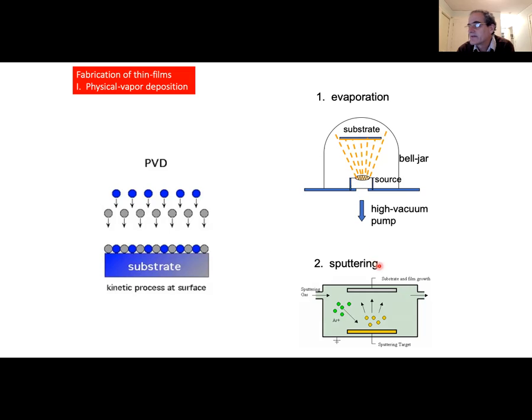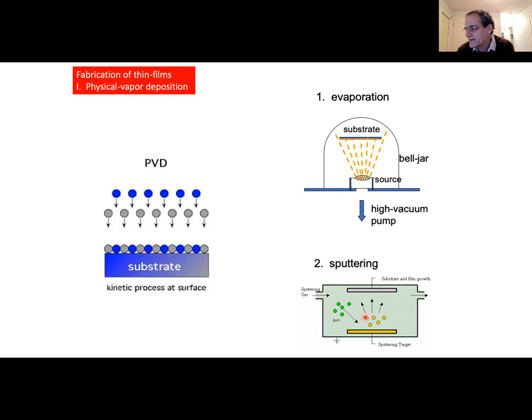A second type of physical vapor deposition is called sputtering. In sputtering, we have a target and a substrate that we wish to coat once again. But in this case, we expose the target to a plasma, okay? Say a plasma of partially ionized argon atoms. And the plasma is biased so that the argon ions hit the sputtering target where they knock off material.